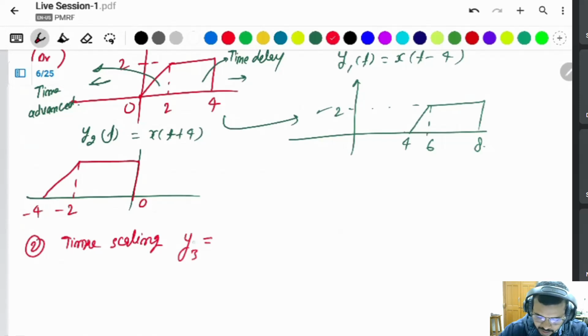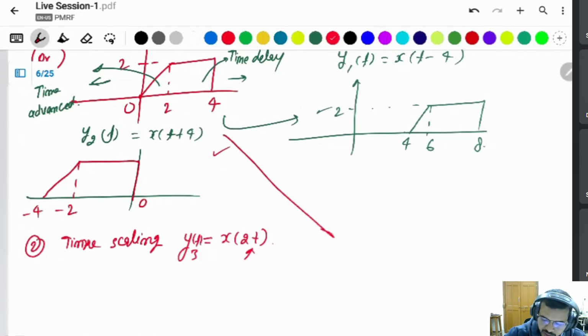Suppose y3(t) is equal to x(2t), for this example. If you multiply the time by some factor, then the whole signal will be compressed.